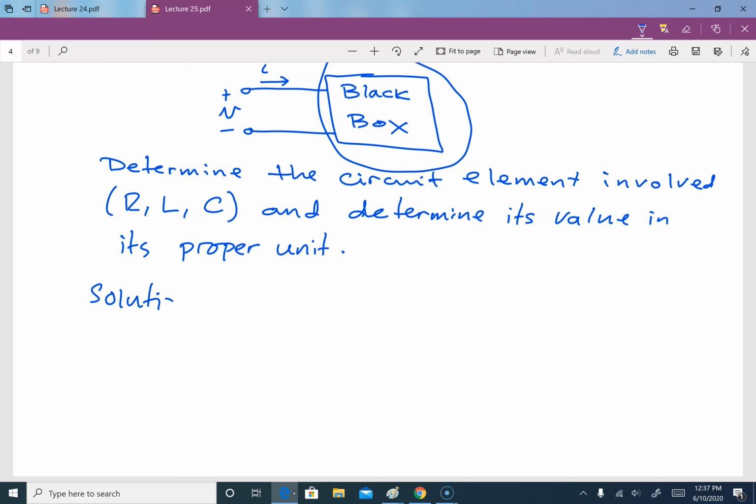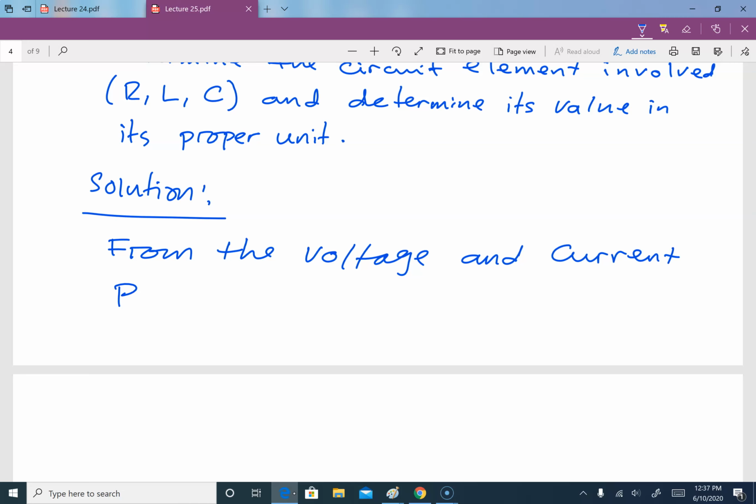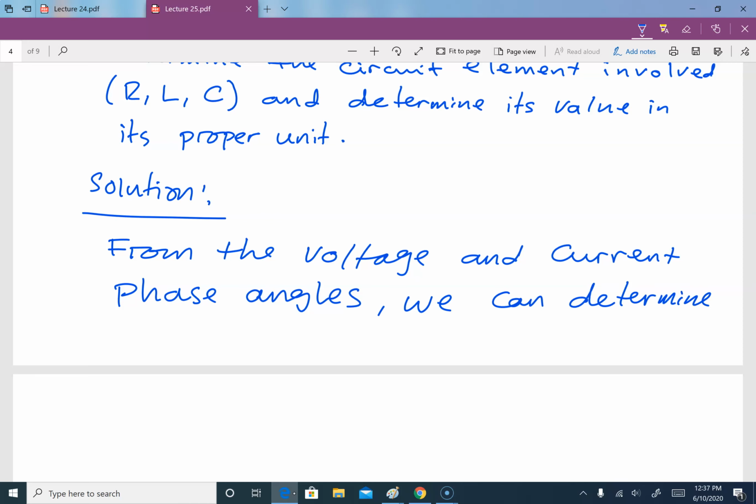So, solution. We can say that from the voltage and current phase angles, we can determine the phase relationship.